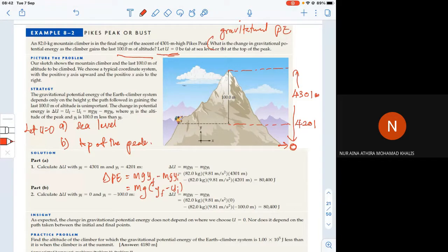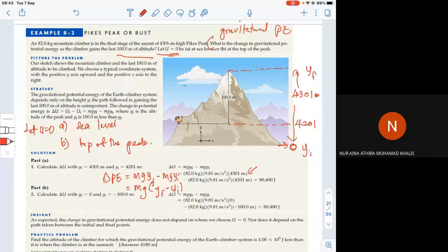Right now, let U equal 0 at sea level. So y final is 4301 and y initial is 0.